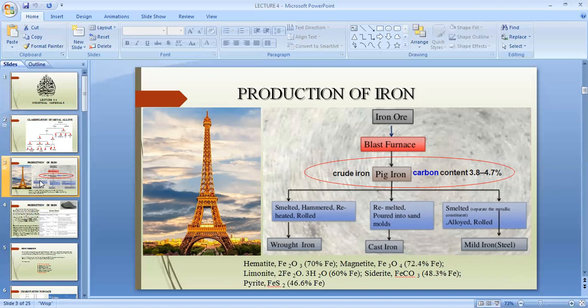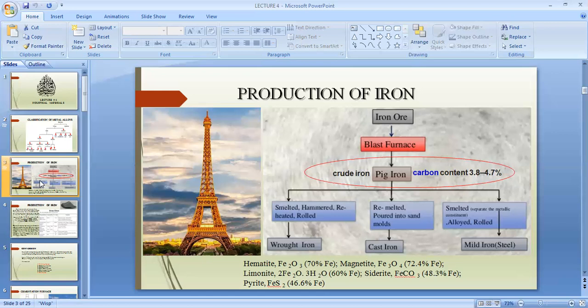Hematite is an iron oxide, and magnetite is also an iron oxide, but hematite has 70% iron and magnetite has 72.4% iron content. So these are actually the richest iron-containing ores present naturally.